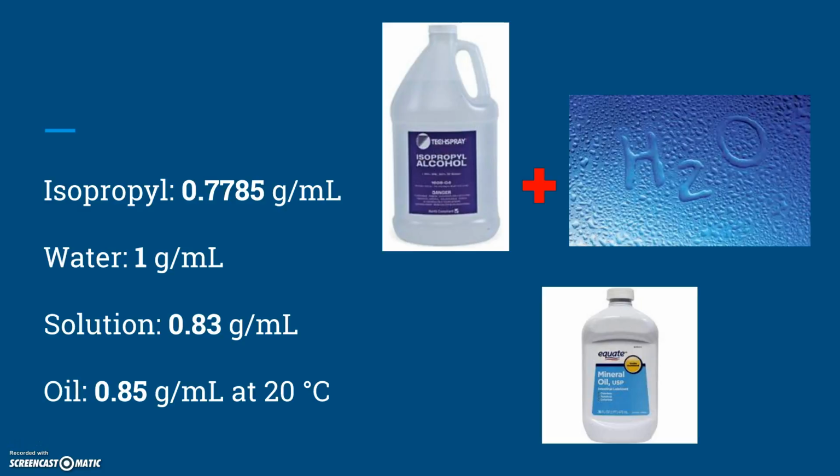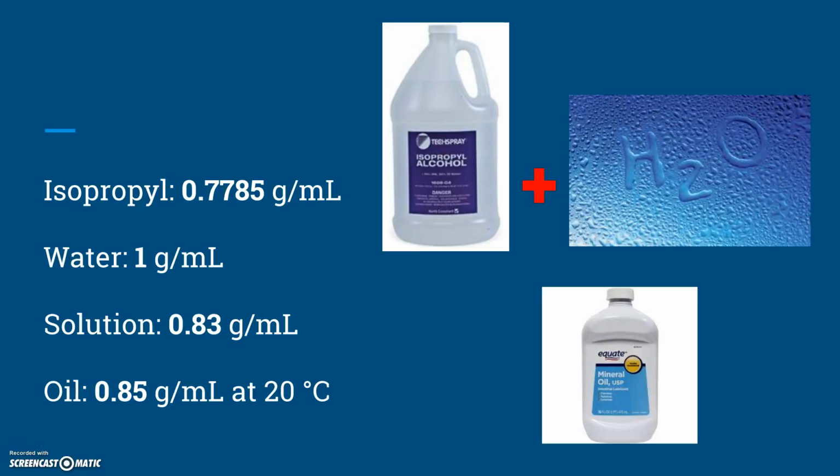Water is what we use to distinguish density since it's at 1 gram. We found that a mixture of isopropyl and water coming to a density of 0.83 grams per milliliter was the perfect place to have it, since the oil we used was at 0.85 grams per milliliter at the common room temperature of 20 degrees Celsius.